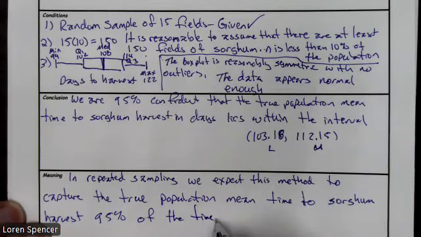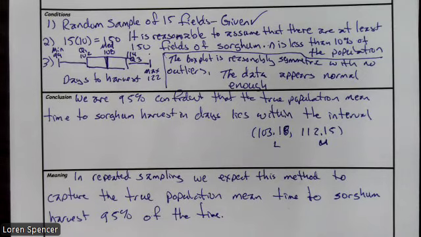In other words, if we were to do this over and over and over again, on average, 95% of the time we'd capture the true population mean time. 5% of the time, we won't. But 95% of the time, we're going to do it right. So that's how good our method is.